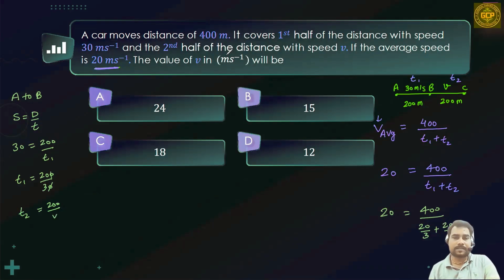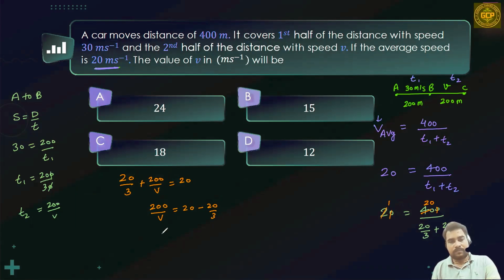Now let's solve this case. 0 and 0 get cancelled. By 2, this gets cancelled 20 times, so here you will get 1. Now do cross multiplication. So 20 upon 3 plus 200 upon v equals 20. Let's solve it. So 200 upon v equals 20 minus 20 upon 3.